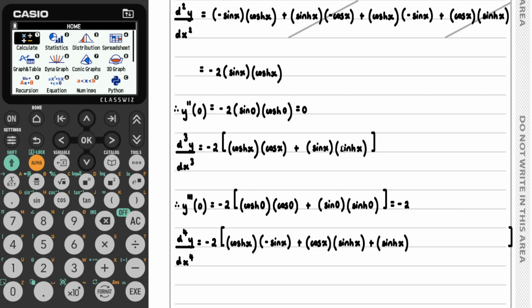So I would have hyperbolic sin x times cos x plus sin x times hyperbolic cos x. The negative sin x times hyperbolic cos x and the sin x times hyperbolic cos x cancel, leaving us with negative 2 times cos x times hyperbolic sin x.